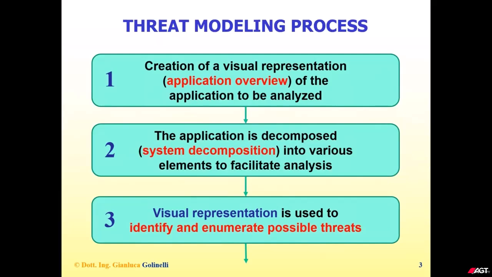Threat modeling consists of 4 phases. The first step is to create a visual graphic representation of the application. Then, in the second phase, the architecture is broken down into constituent parts, and in the third phase, the various threats looming over the decomposed architecture are identified and enumerated.